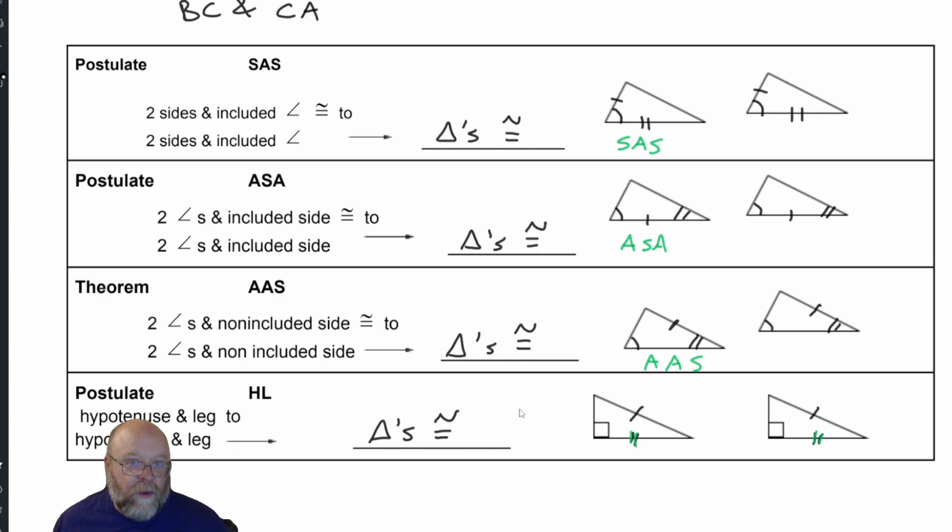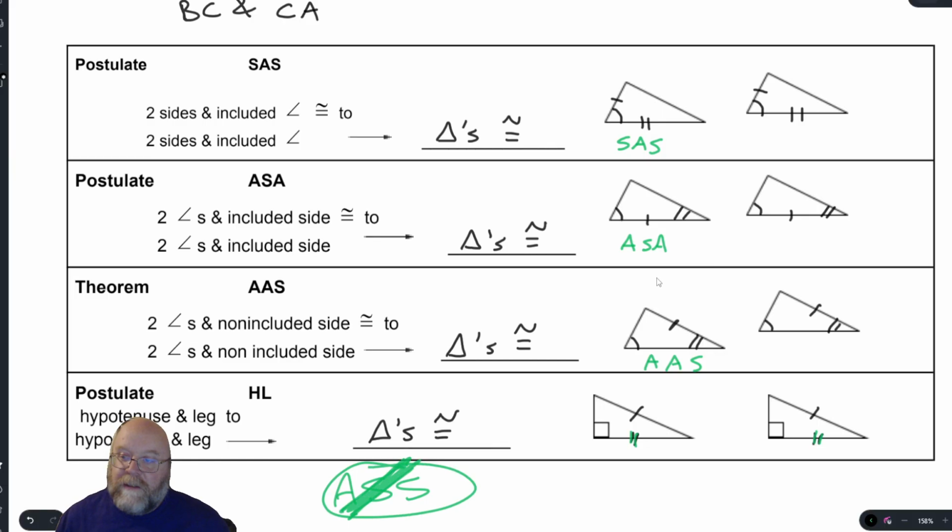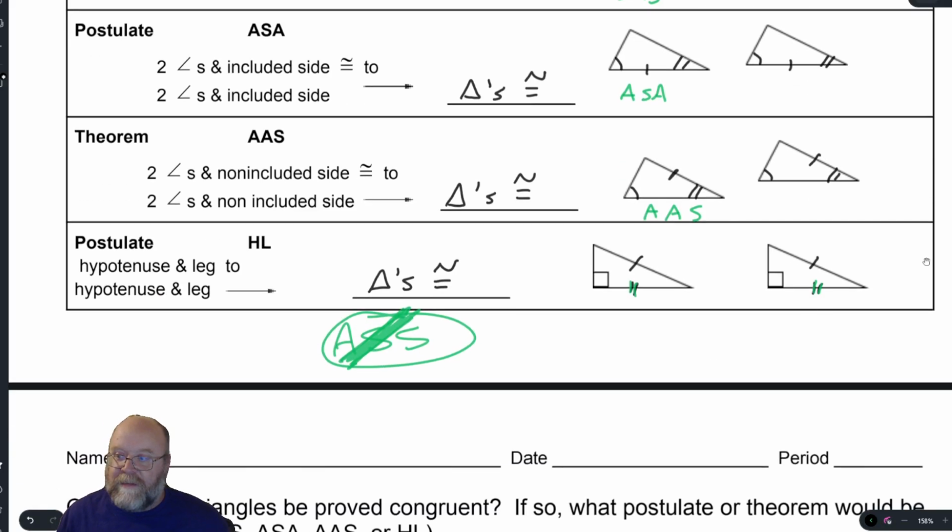There is no angle, side, side. It's not a thing. This is not a postulate or a theorem. I want to show you a way to give you a counterexample. Why doesn't angle side side work? So here is angle side side.